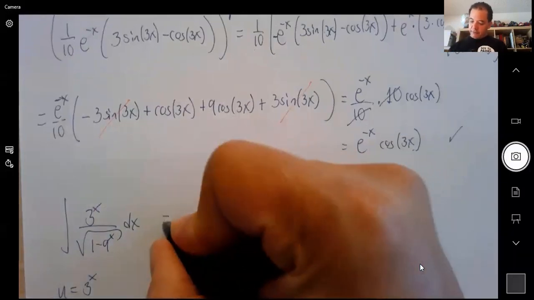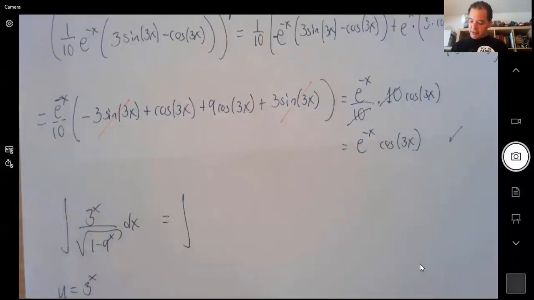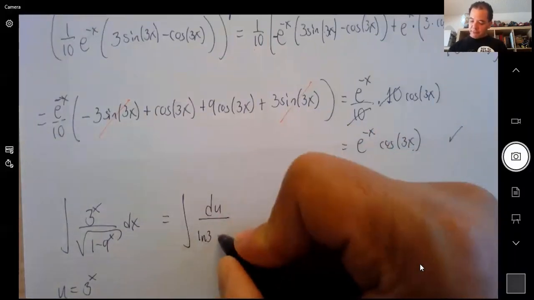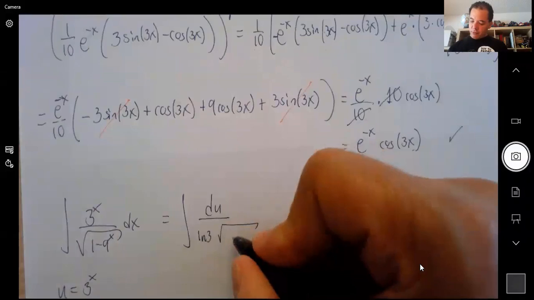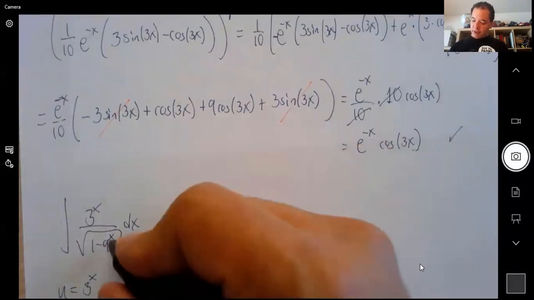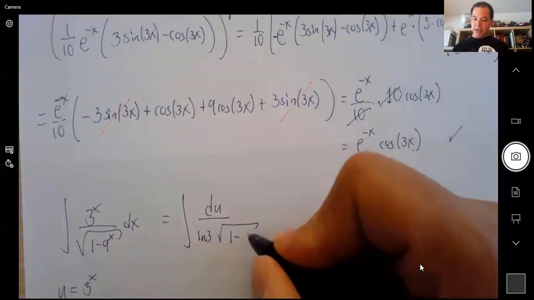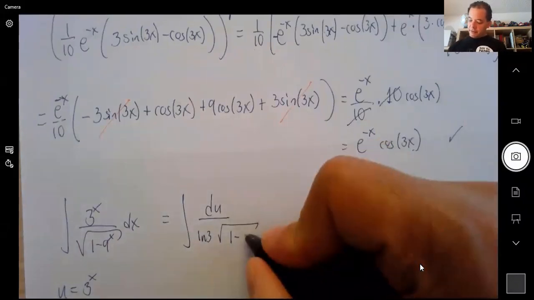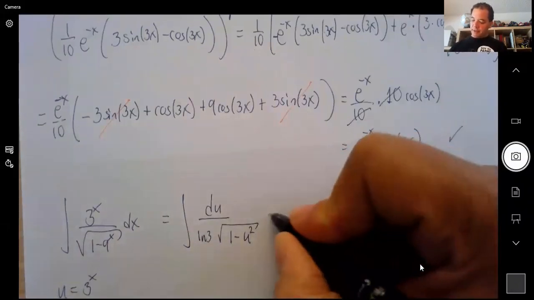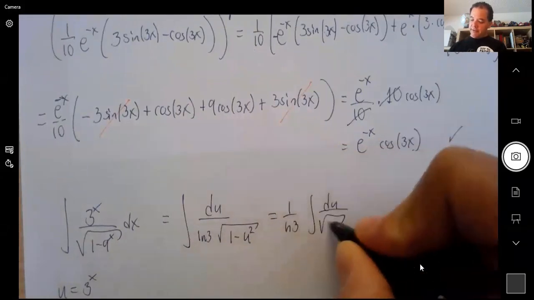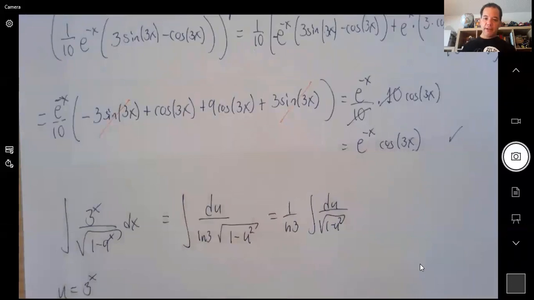Then you can rewrite this: 3 to the x dx will be du over ln 3. And then this will be 1 minus, how do you write 9 to the x? Well, 9 to the x is like 3 to the x squared, so that's u squared. And now this should look like something you can integrate, right?